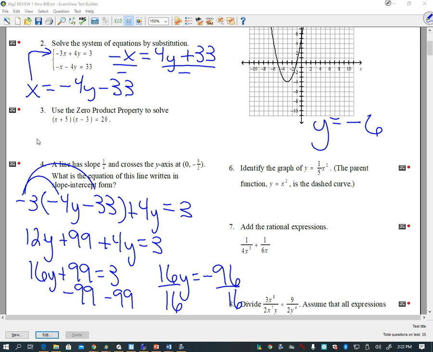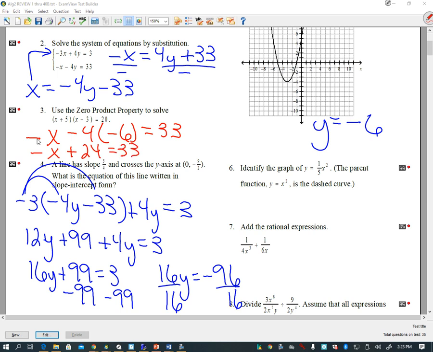Now at this point, what do I do with that? Plug it in. Does it matter which equation I plug it into? No. But I still like that second equation because it's nice and simple. So I can do negative x minus 4 times negative 6 equals 33. Negative x, what's negative 4 times negative 6? Positive 24 equals 33.